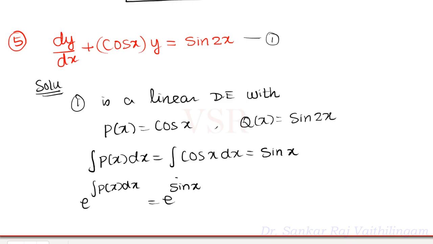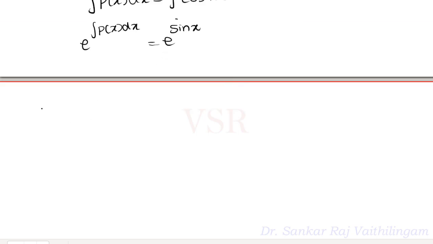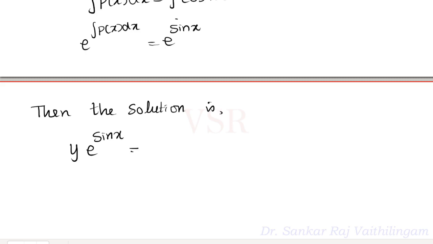Then the solution is y e to the power sin x, which is equal to the integral of q, so we are having sin 2x into e to the power sin x dx. So we need to solve this equation.